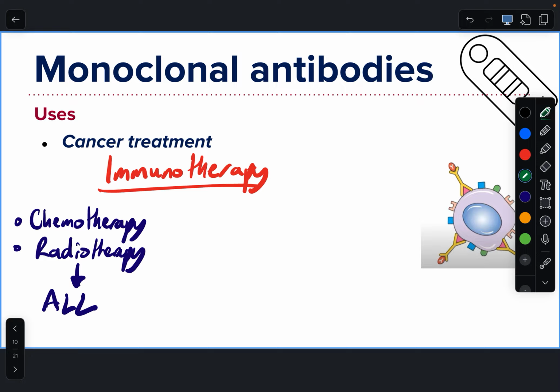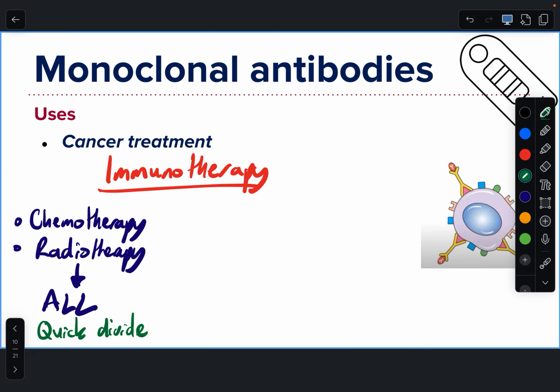To be slightly more specific, they target cells that divide quickly, but you inevitably kill lots of healthy cells during chemotherapy and radiotherapy. So for example, something like nail, skin, hair, which are cells that divide quickly in your body, that's why they get destroyed in chemotherapy and radiotherapy, because they're dividing quickly. And the chemotherapy drug and radiotherapy drug cannot tell the difference between a skin cell and a cancer cell.